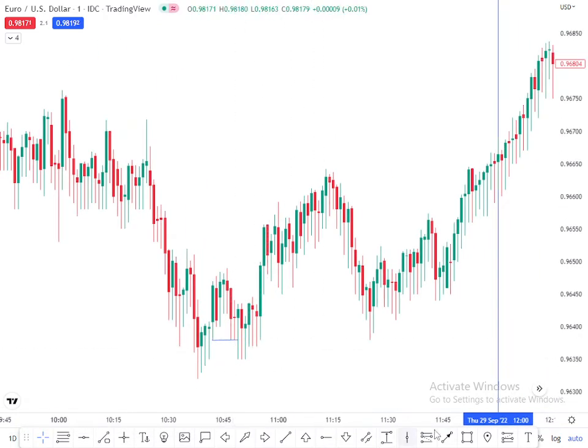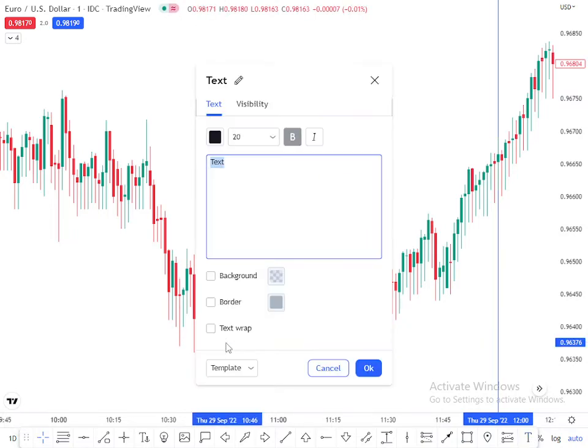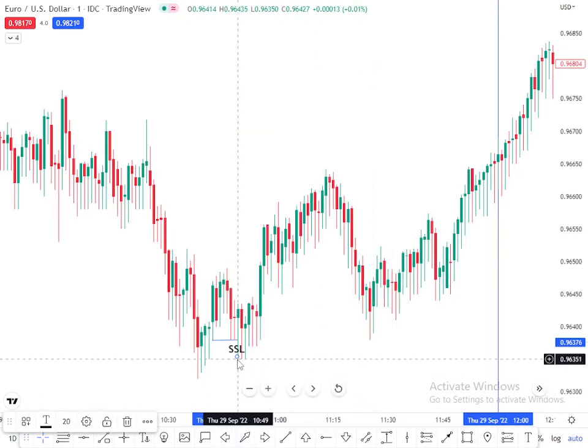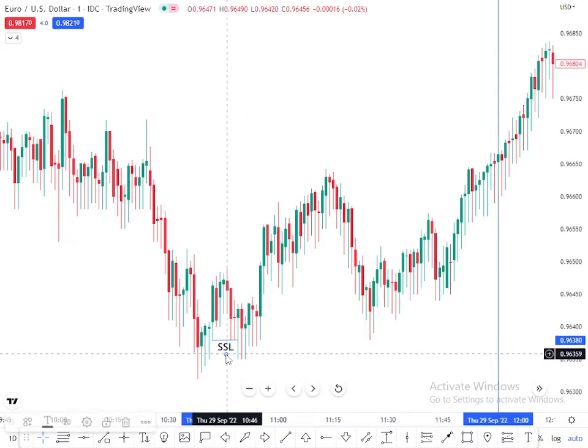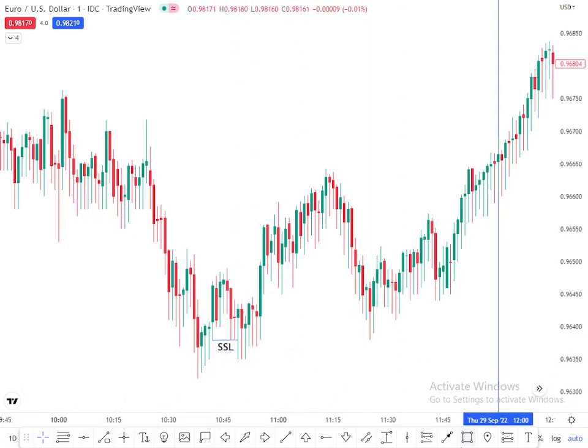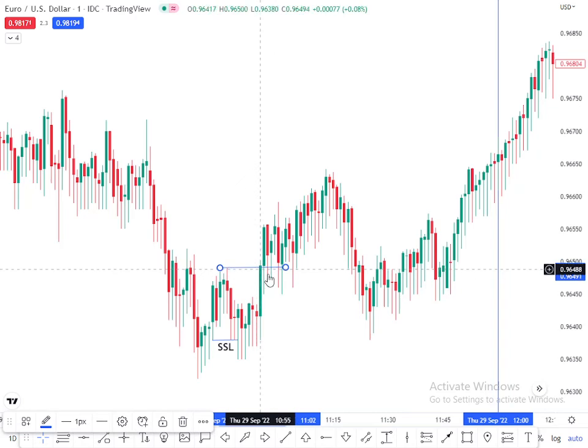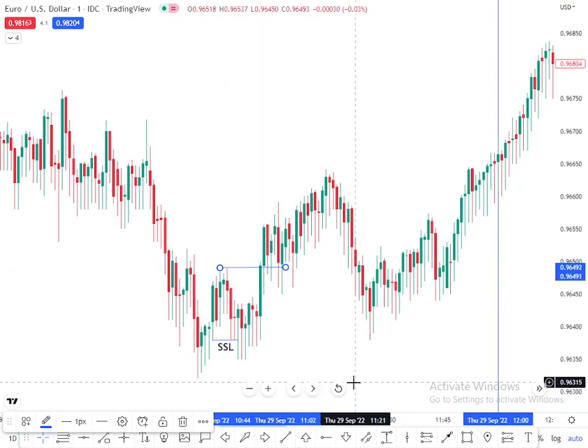So this can potentially be sell side liquidity. This can be potential sell side liquidity, and this particular region can be a potential break of market structure.